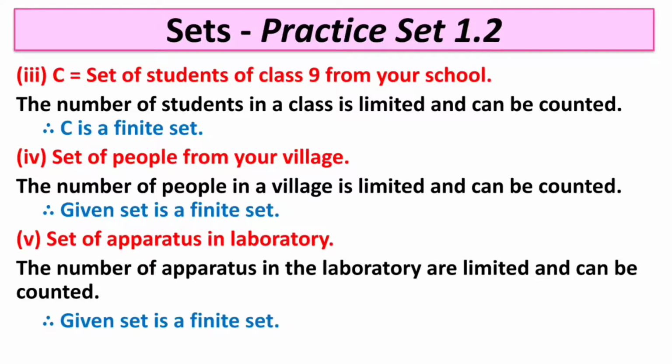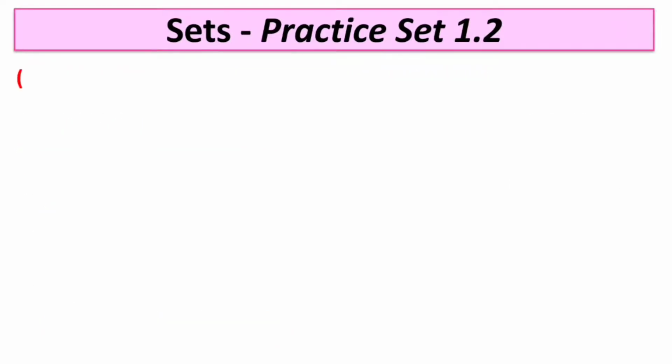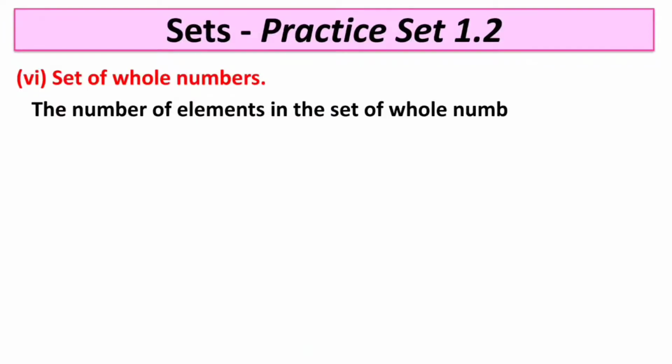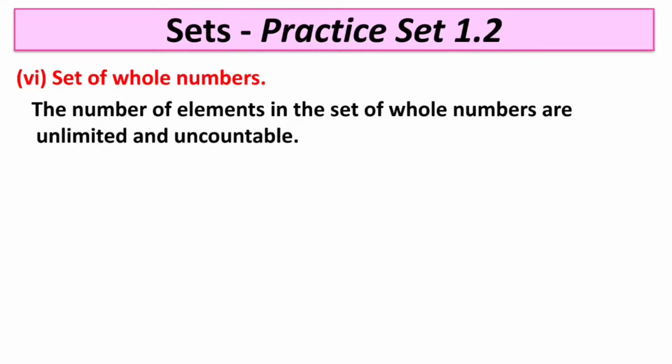Now, let's see the next problem, set of whole numbers. The number of elements in the set of whole numbers is unlimited and uncountable. It starts from 0 as 0, 1, 2, 3 and so on. So, the given set is an infinite set.